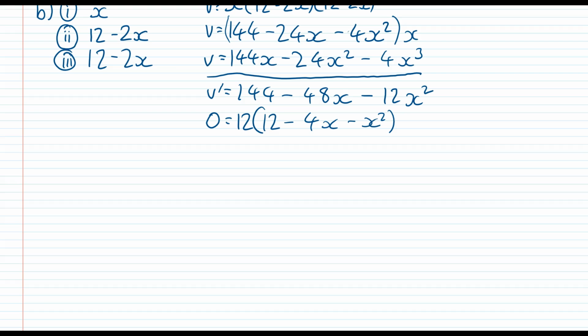Okay, now I want to use the null factor law to find the smallest answer for this. Okay, so two things that add together to give me 4 and times together to give me 12. Okay, it's because I'm trying to recreate these brackets or factorize these brackets. Okay, so 12 is 2 times 6, and there's a difference of 4 there.